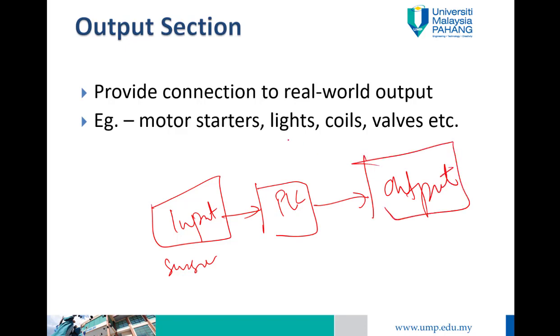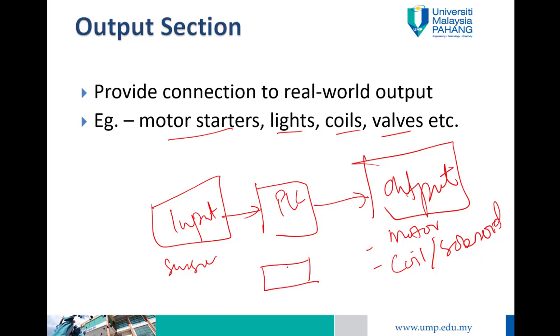The output here can be a motor starter, light, coil, valve, etc. The normal output is a motor, but in most of our applications we will use the coil, or the solenoid. If you still remember electro-hydraulics and pneumatics, we have solenoids on the valve. These solenoids are also outputs.